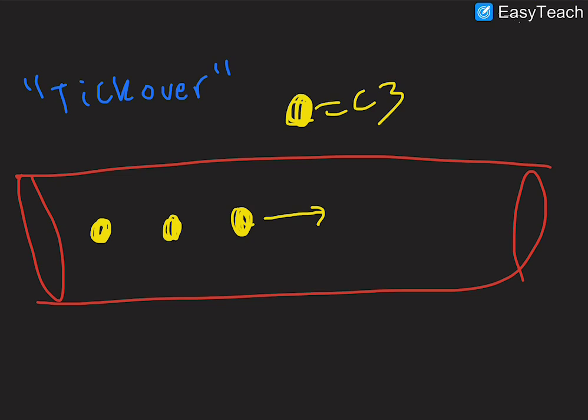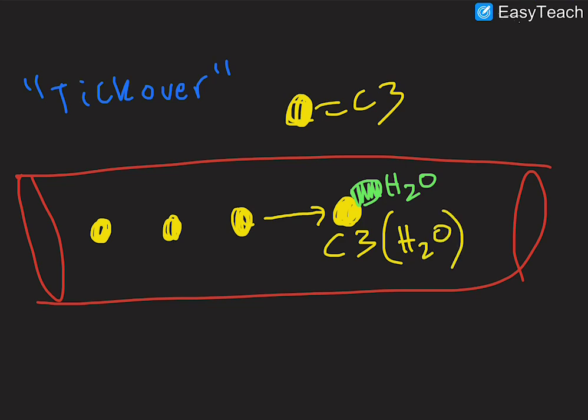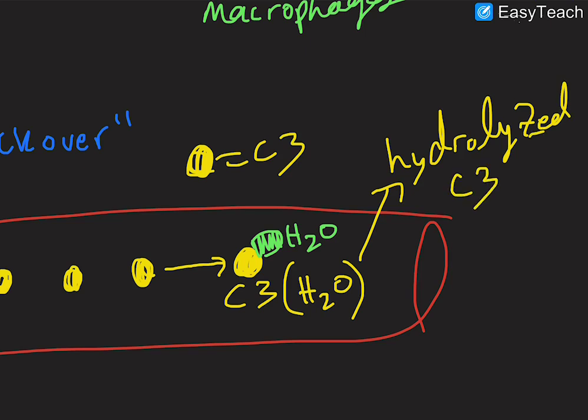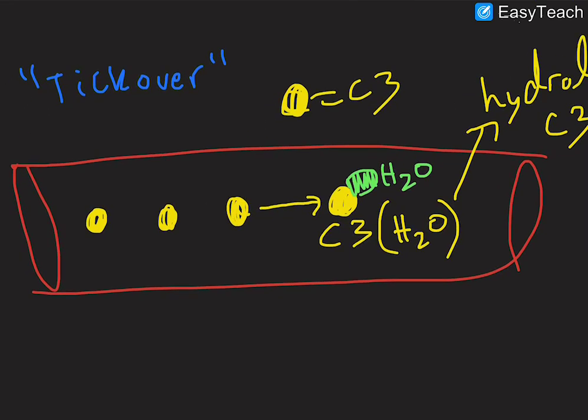If we draw that, we have C3 here, and then I'm going to draw this representing water. The way we're going to denote this is C3H2O. So this is hydrolyzed C3, and this is constantly happening at a low rate in our plasma. This is called the tick over.